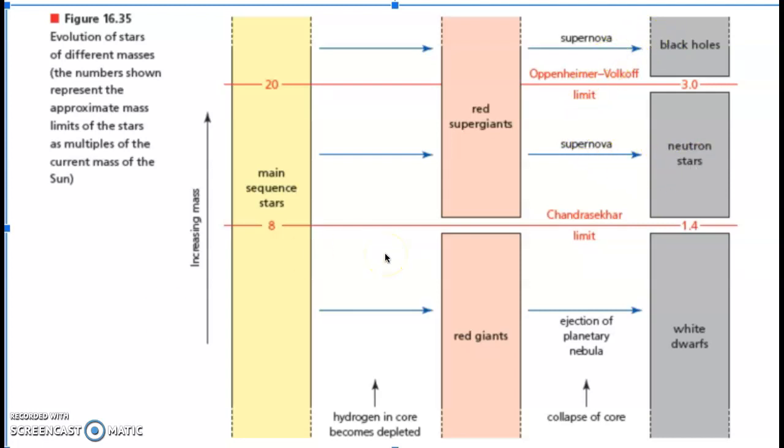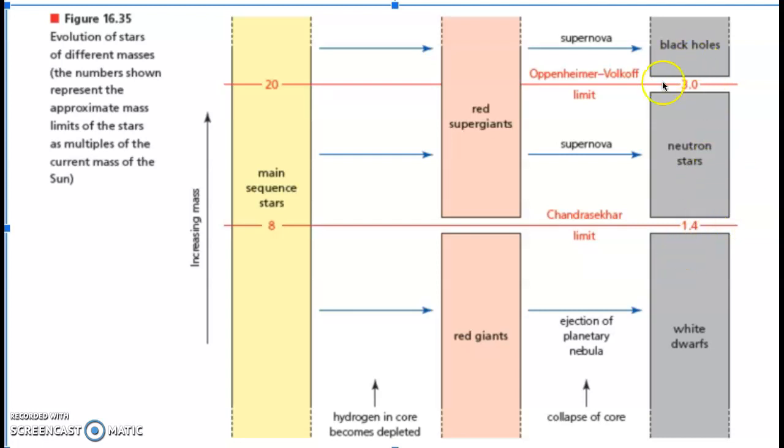Okay. Now, those two limits, the 8 solar masses and 20 solar masses, can also be considered not by thinking about the mass of the main sequence star, but also interpreted in terms of the size of the white dwarf. If the white dwarf is 1.4 solar masses, right? So it's 1.4 times the mass of the Sun, that would be a neutron star.